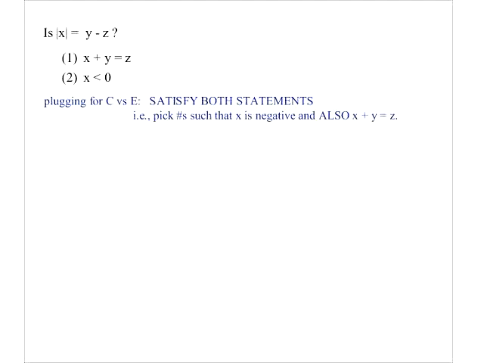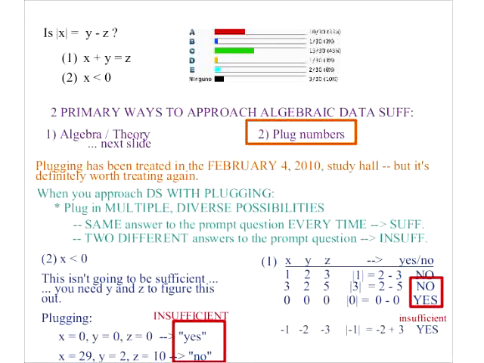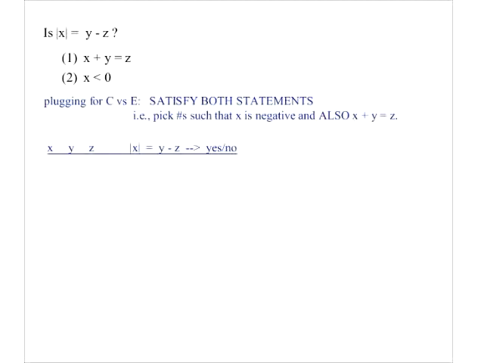So let's pick some of those. x, y, z, and then absolute x equals y minus z. So yes or no. Okay, well we can take this set from last time. We can take the last plug-in that we did, it still works. So we can keep those.